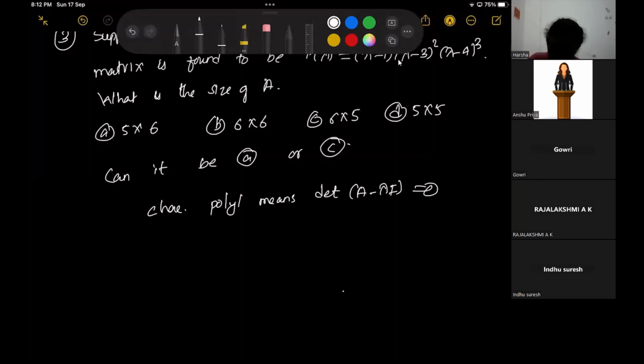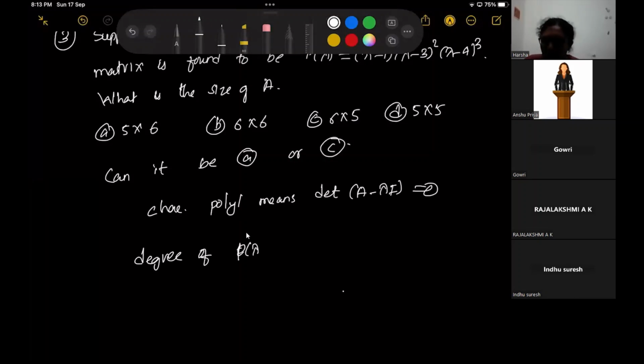Here we can see the degree is 6, that is 2 plus 3 plus 1.